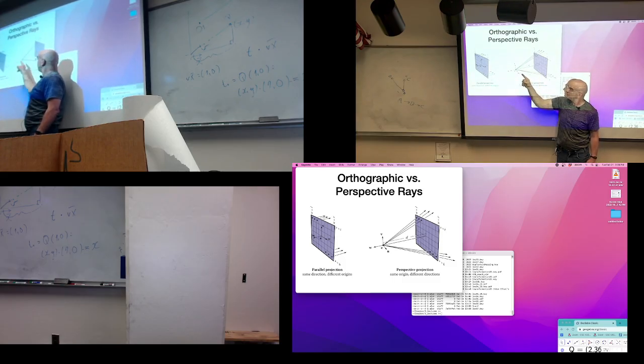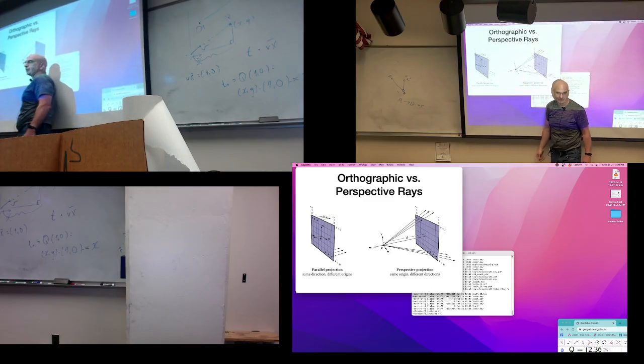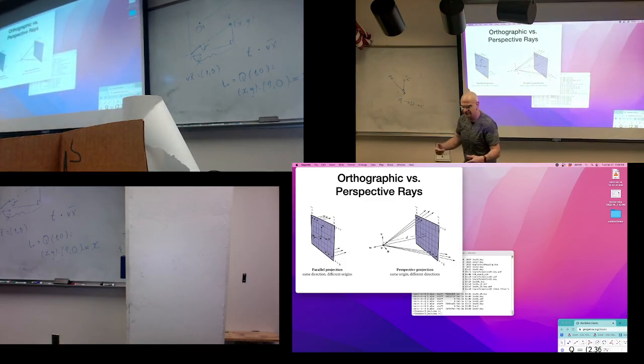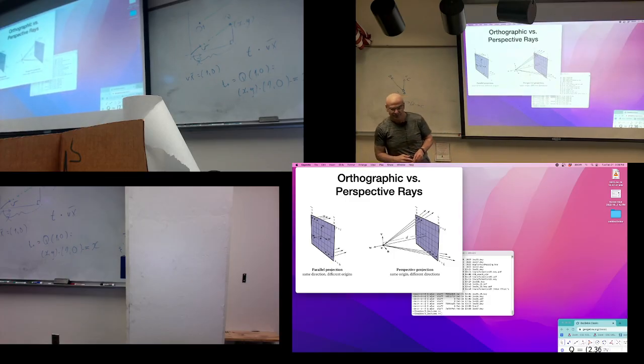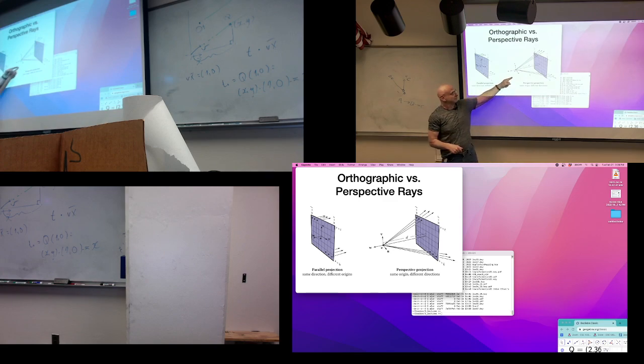I want u, v, w, the new coordinate system that I define, to agree with xyz. I want to be able sometimes to rotate it. So positive u becomes positive x, positive v becomes positive y, and positive w should become the positive z.